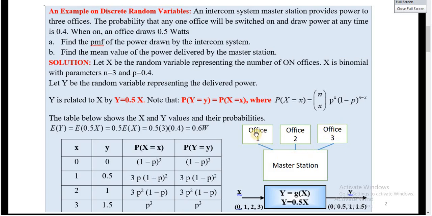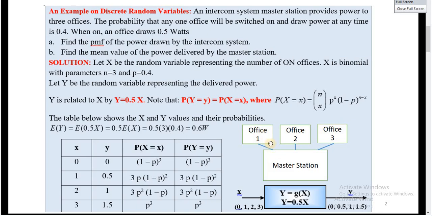And when an office is switched on, it draws 0.5 watts of power, and the probability that this office is switched on is 0.4. The same applies to the second office and also applies to the third office. So these offices are identical in terms of their probability of success.